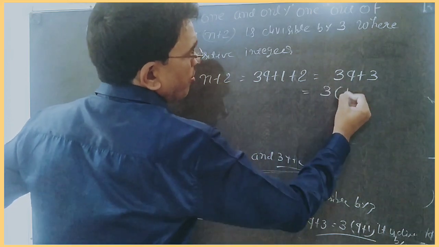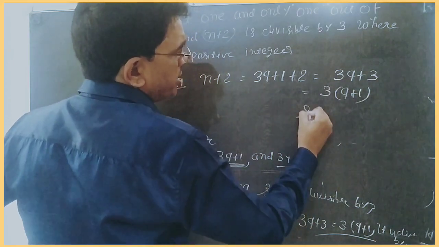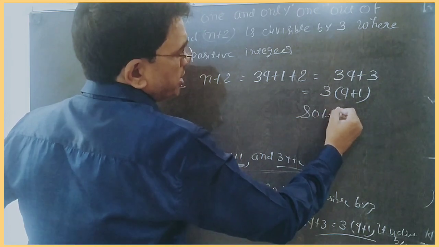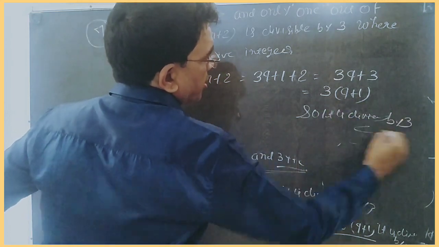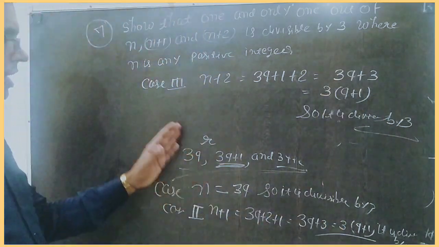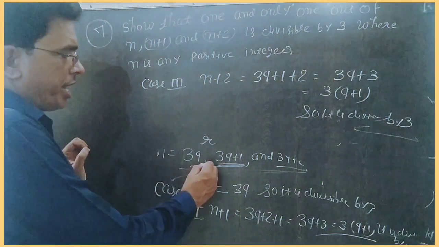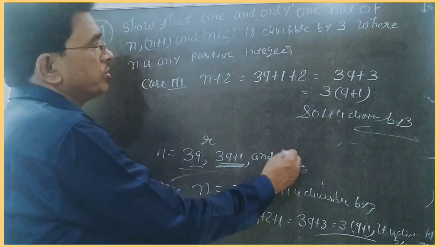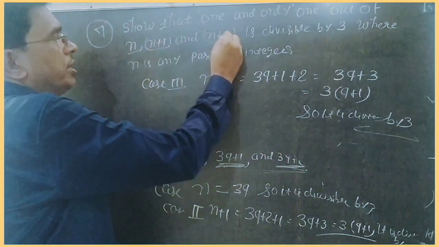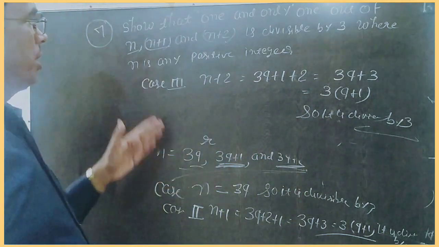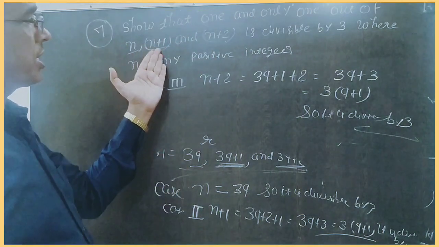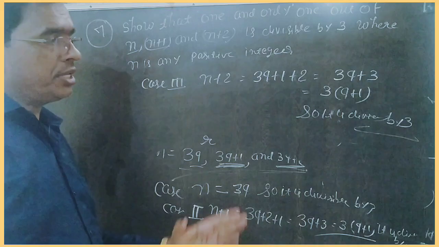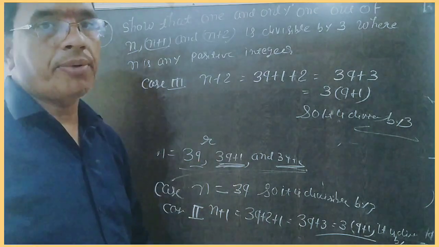Take 3 as common, so it is divisible by 3. So it is clear that there are 3 options you have: 3q, 3q plus 1, 3q plus 2, and there are also 3 options to put their value of n. So one by one substitute the value in the cases first, second, third, and you get your solution that 1 and only 1 is divisible by 3.